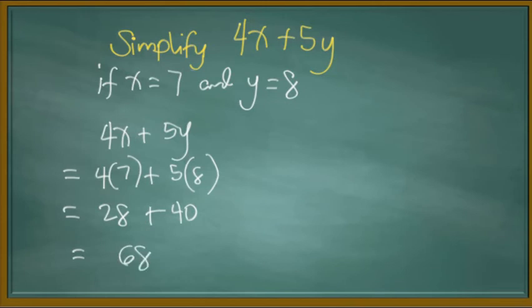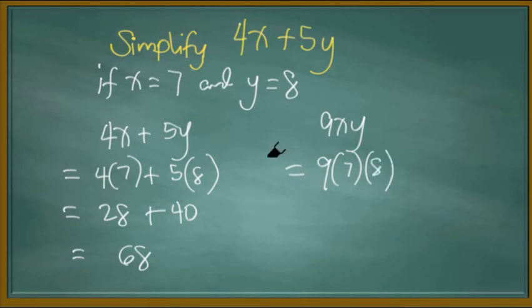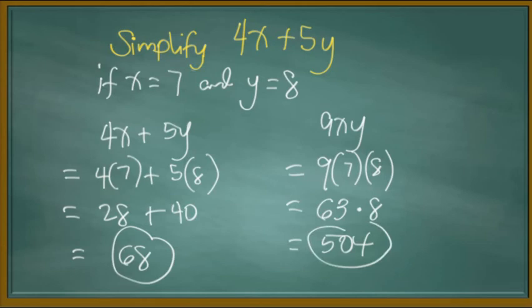Now, we said that this expression 4x plus 5y is not the same as 9xy because 9xy, given our supposition where x is supposed to be 7 and y is supposed to be 8, would look like 9 times, instead of x we have 7, times, instead of y we have 8. So here we have 9 times 7, that's 63, times 8, that would give us 504. Note how these two numbers are not the same.